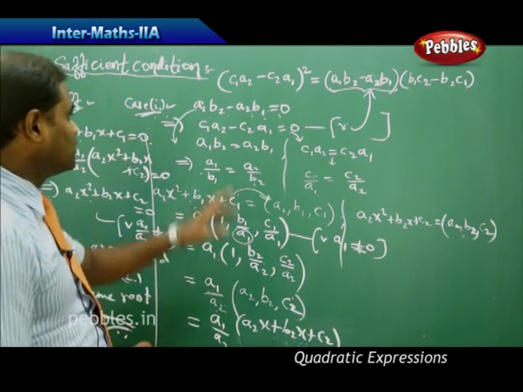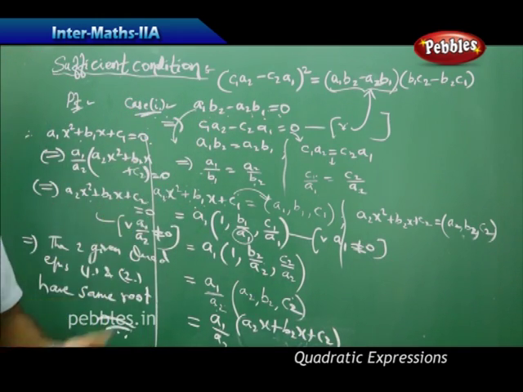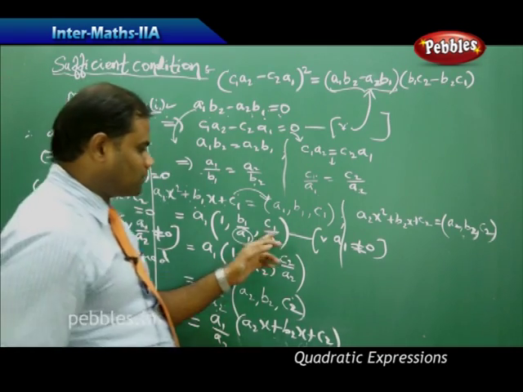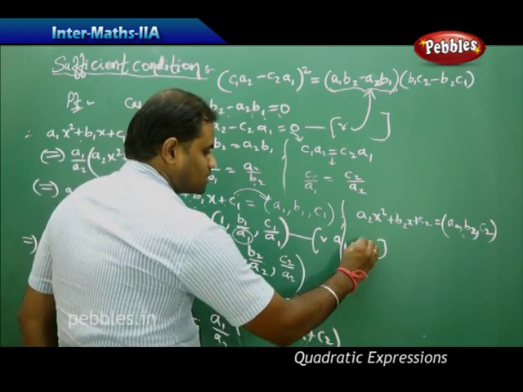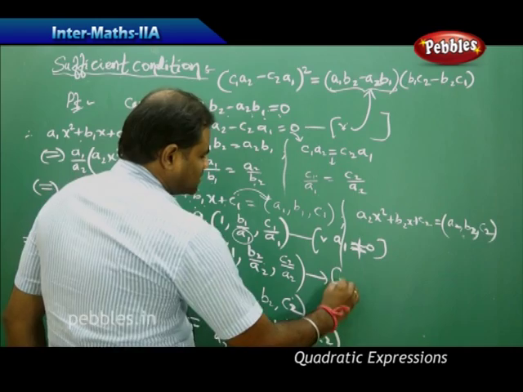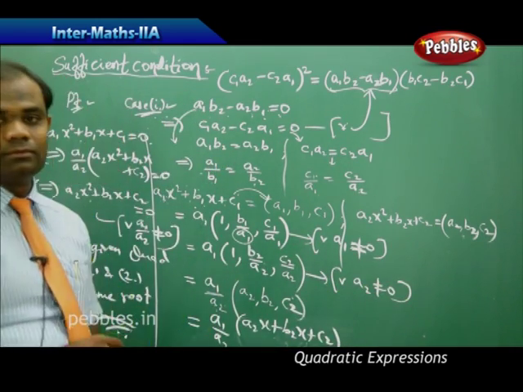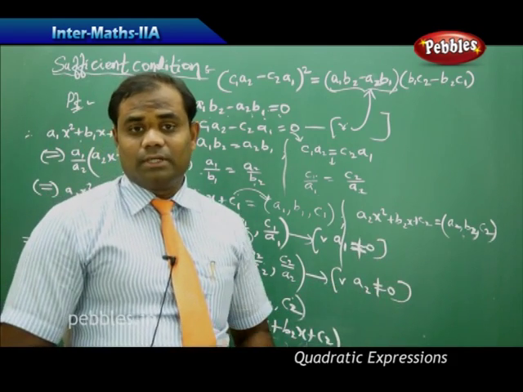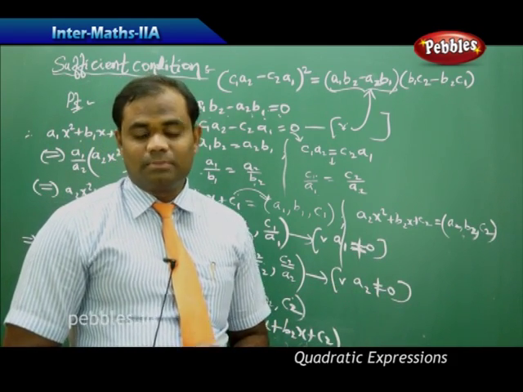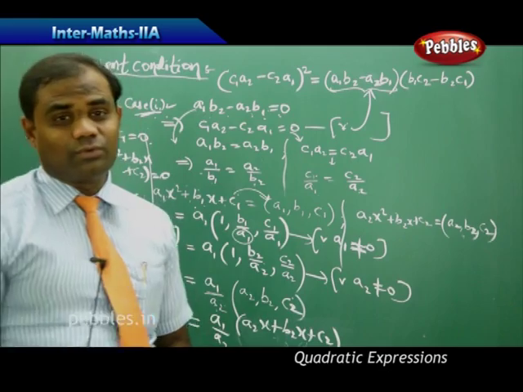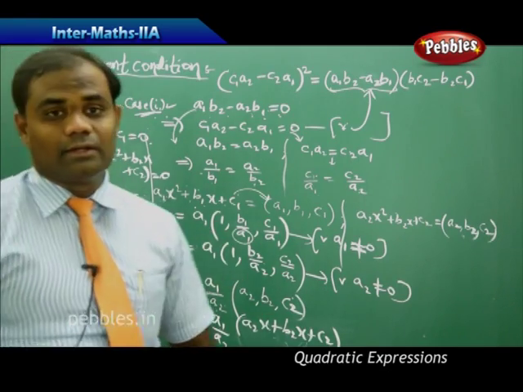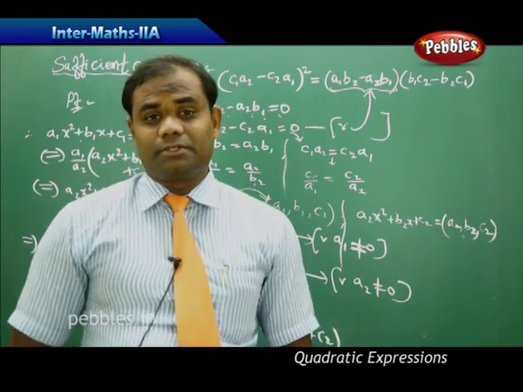When A1 is equal to 0, the whole quadratic equation reduces to linear form. Therefore, each of A1 and A2 is not equal to 0. Similarly, we have case 2 through which we can prove the given sufficient condition of the theorem.